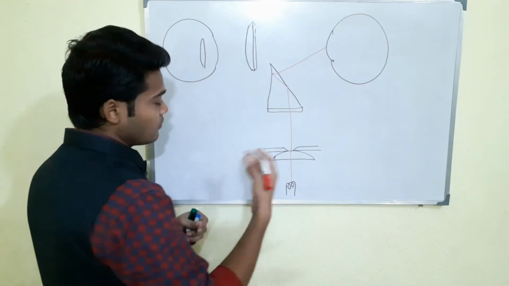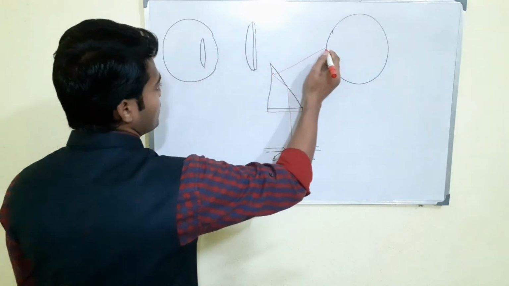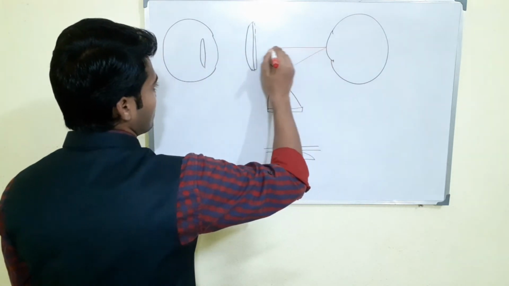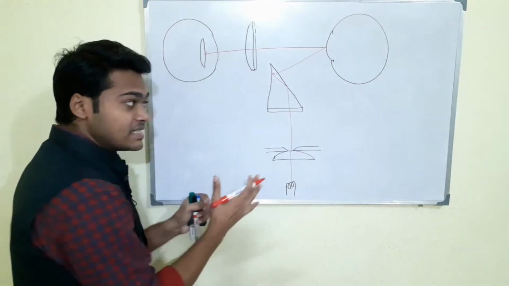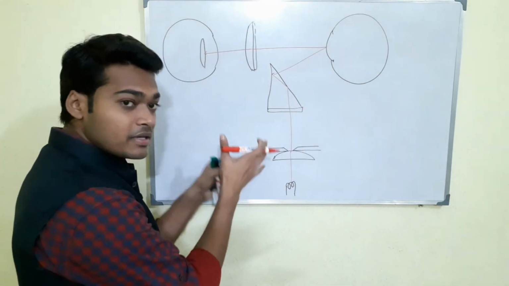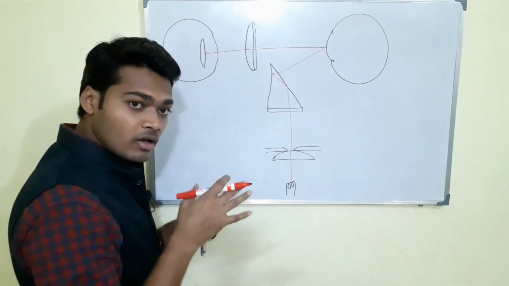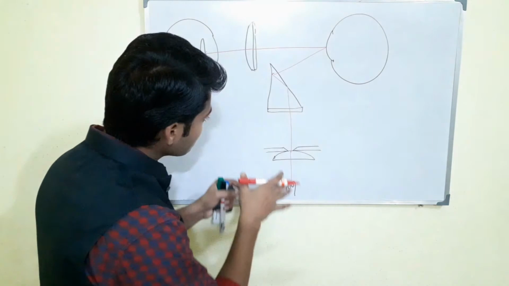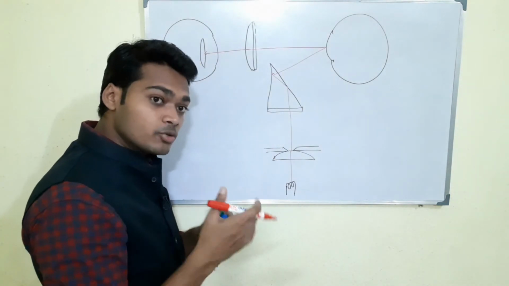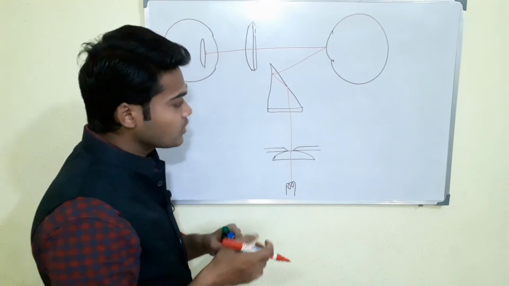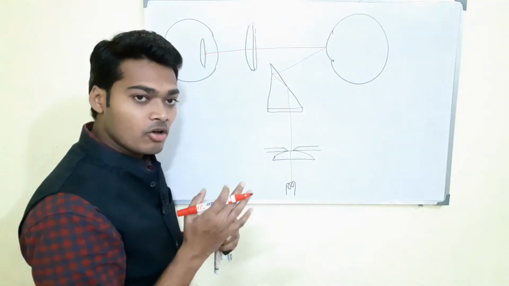I will show how I change it in the different sections. When light comes from here, it goes into this part. So basically this is the instrumental setup inside the ophthalmoscope. And what will happen when different types of ocular status come to you to diagnose the refractive media or fundus?